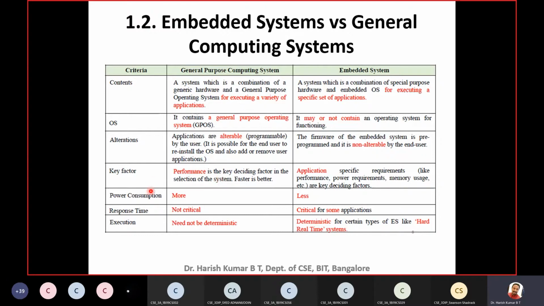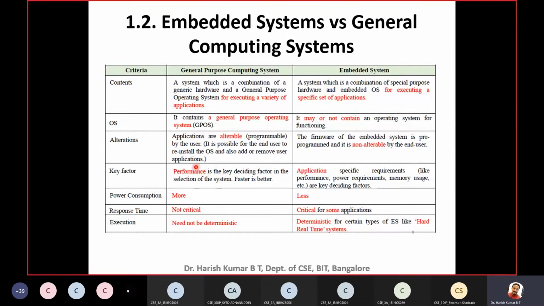So this is the fourth difference. And the fifth difference is with respect to power consumption. The power consumption is more on the general purpose computing system, because while selecting the system itself, we have not focused on power issues.